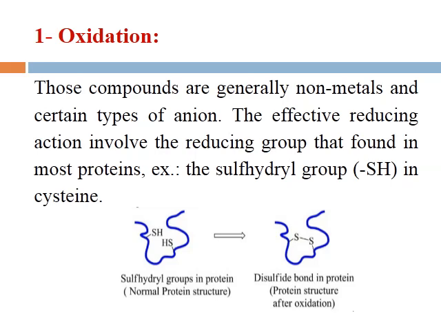The formation of a disulfide bond in the protein will alter the conformation of the protein of the microorganism and alter its function. The overall destruction of function in the specific protein is responsible for destruction of the microorganism.